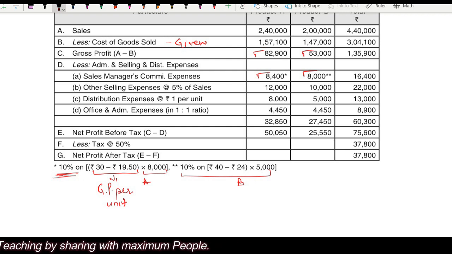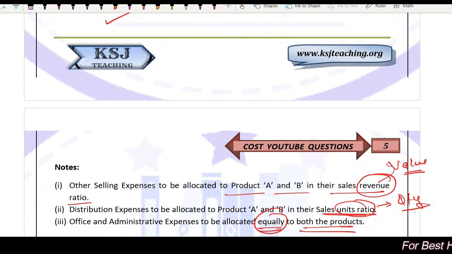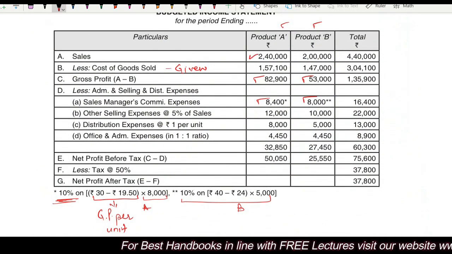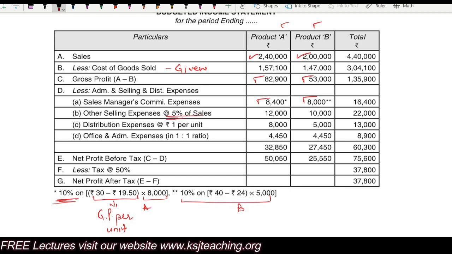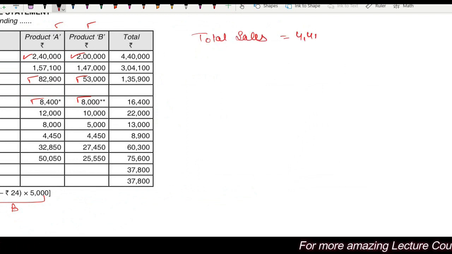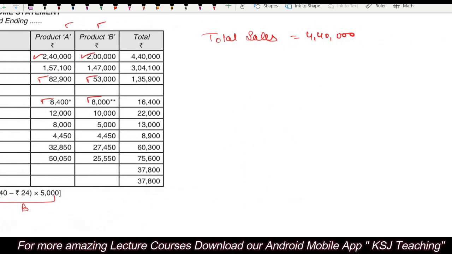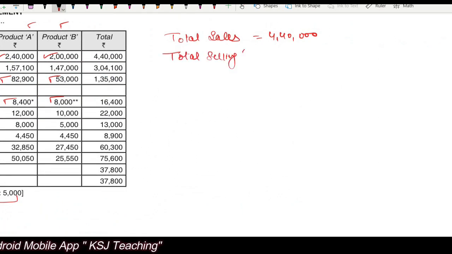Other selling expenses. The information is given that other selling expenses are to be distributed in the sales revenue ratio. This 22,000 is to be distributed in the ratio of 2,40,000 is to 2 lakh, right? Basically, they have given 5% of the sales. Why 5%? Total sales value is 4,40,000, right? Total selling expenses is 22,000.